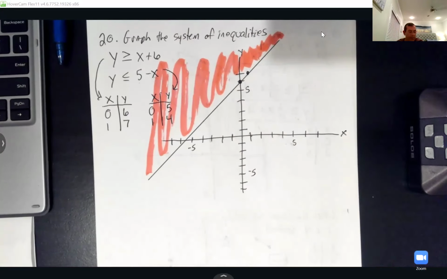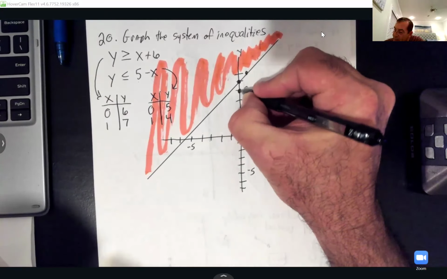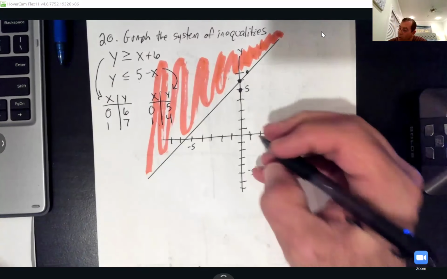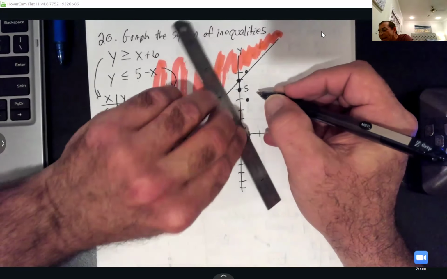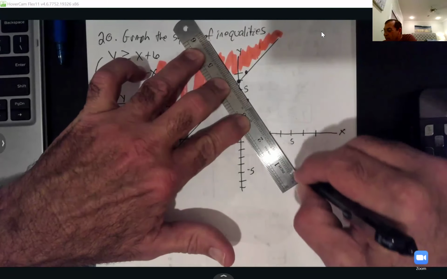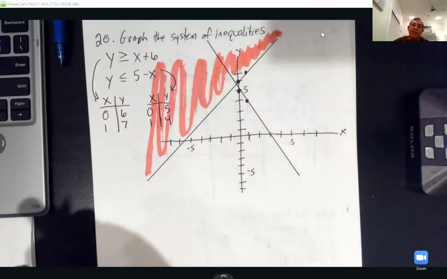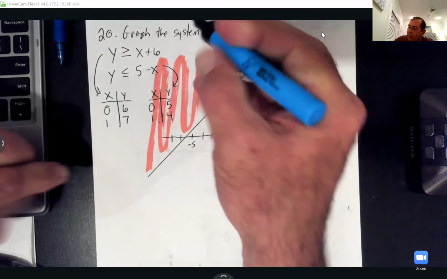All righty. Our second line, let's see what my points were. I had 0, 5, so 0, up 5. I had 1, 4, so right 1, up 4. So that line's coming through those points. It's less than, so it's going to shade below the line.